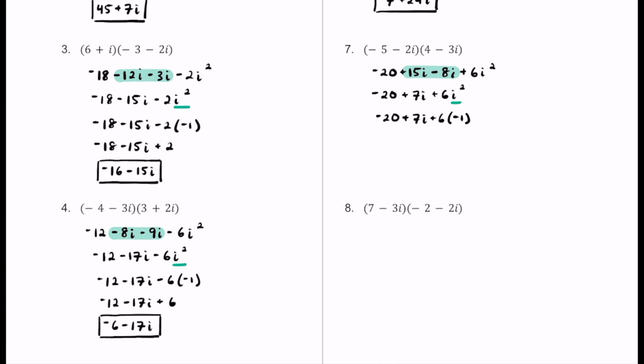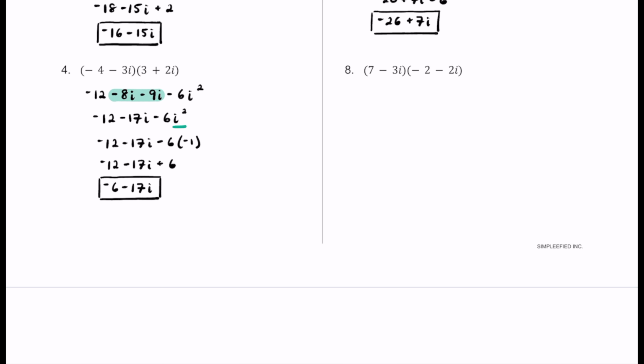And 6 times negative 1 is negative 6, so we have negative 20 plus 7i minus 6. Now the negative 20 and negative 6 equals negative 26, so we can rewrite this as negative 26 plus 7i. This would be the standard form for our complex number, where a is equal to negative 26 and b is equal to positive 7.